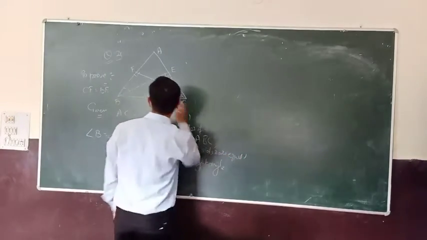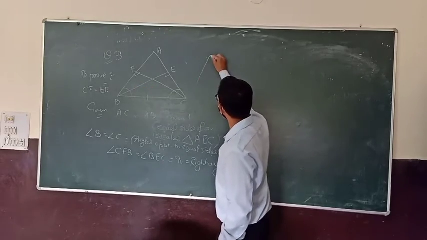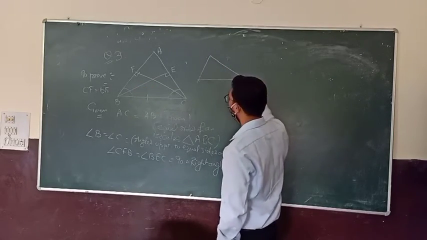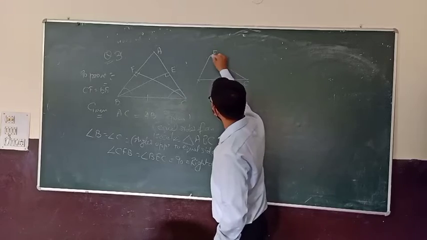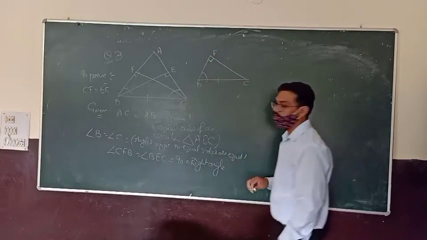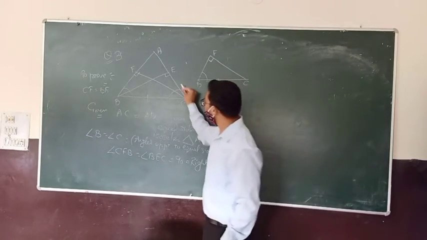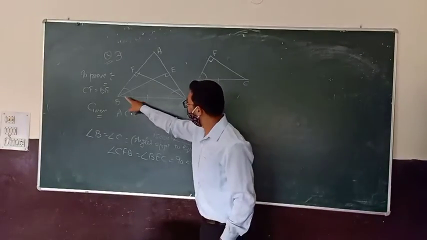Now if I draw these two triangles separately, first I draw CFB. This point is C, this point is F, this point is B, this side is, and this is the angle. Angle, angle, side. Now I draw BEC.